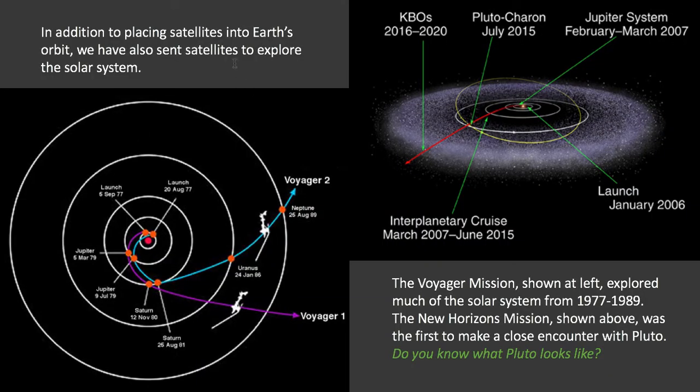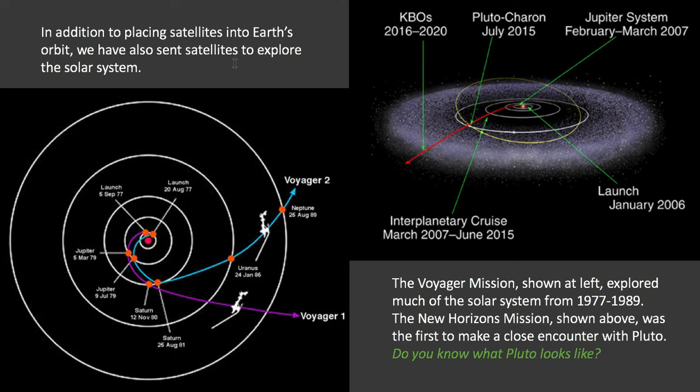So we've put lots of satellites into orbit, but we've also sent a lot of things into the solar system to go explore the objects that are out there. And there's been lots of missions. I just wanted to mention two.